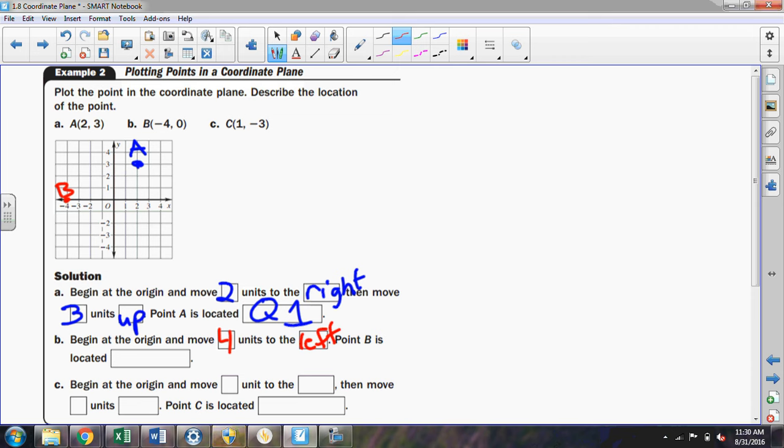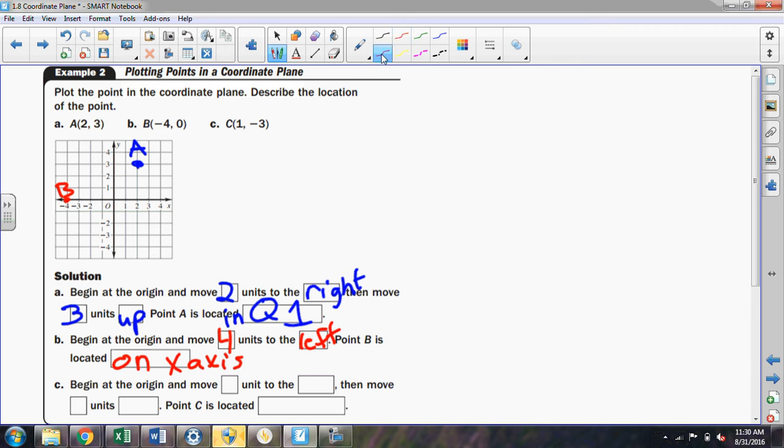And so we can't say it's in quadrant 1 or in quadrant 2, quadrant 3, or anywhere. We need to instead describe it as being on the x-axis. There's a difference between being located inside a quadrant and on an axis.